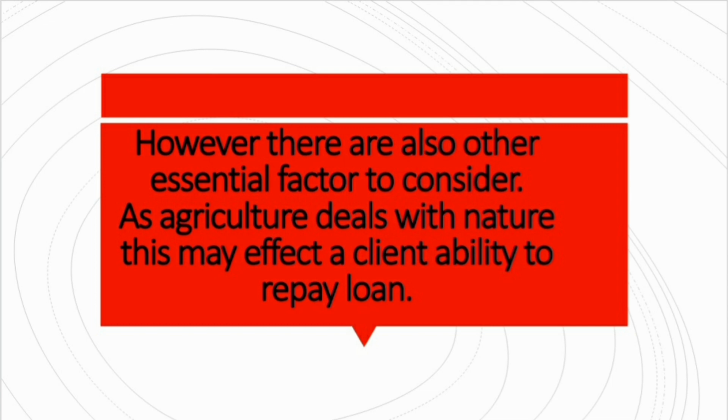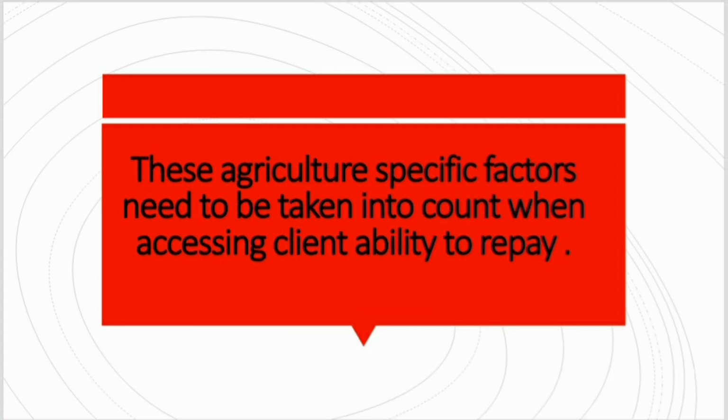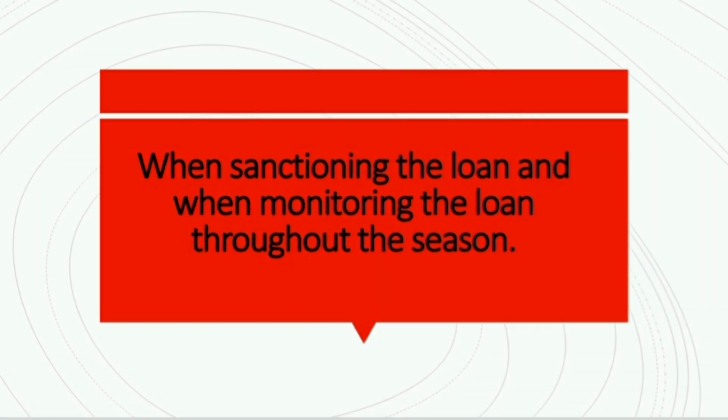As agriculture deals with nature, this may affect a client's ability to repay the loan. These agriculture-specific factors need to be taken into account when assessing client ability to repay, when sanctioning the loan, and when monitoring the loan throughout the season.